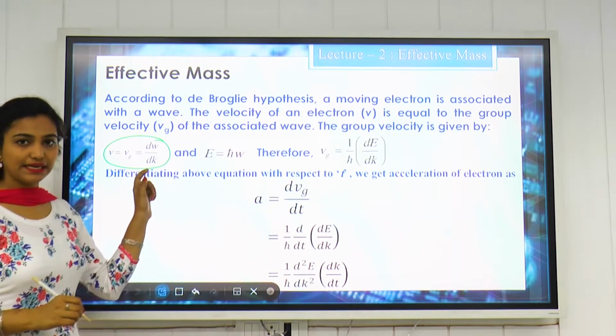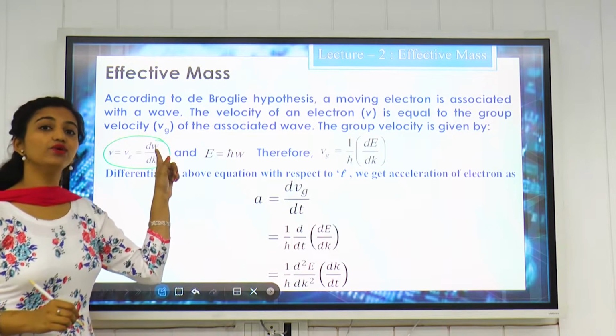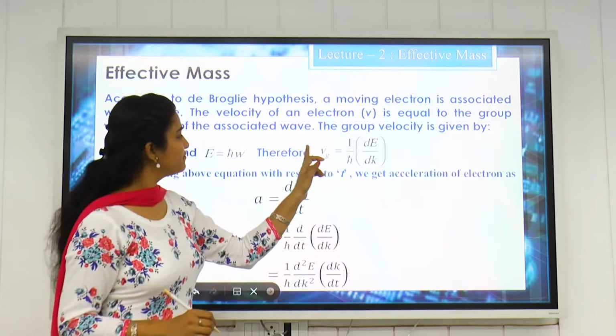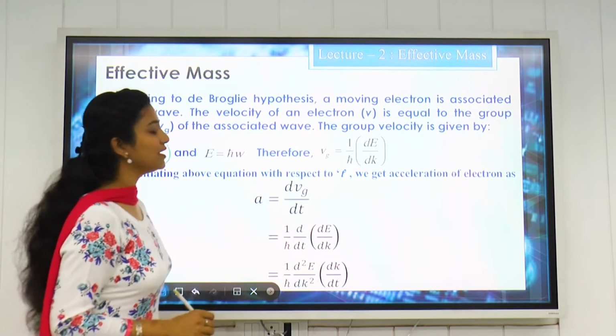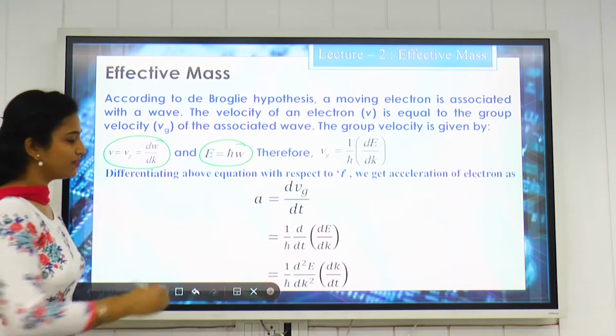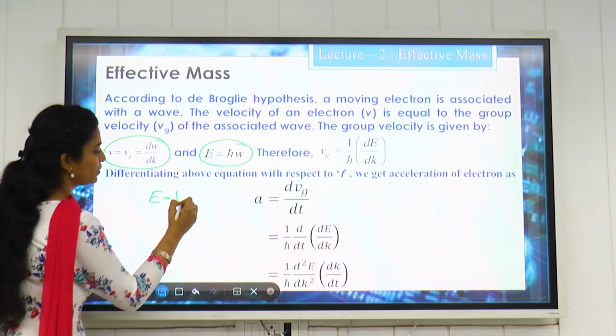Vg is d omega by dk. Omega is the angular frequency, k is the wave number, and then Vg will come in the form of the energy. That energy is equal to h bar times omega, so E is equal to h nu.